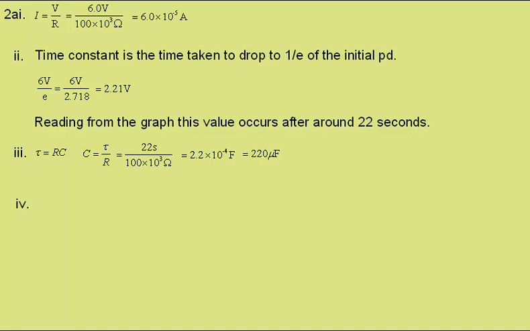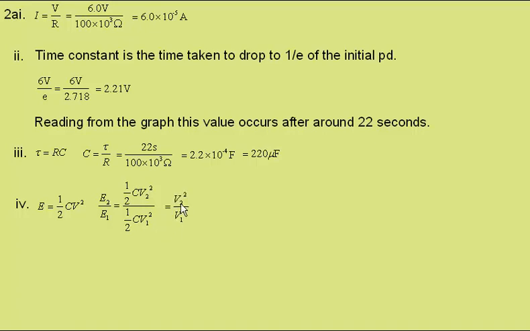In part 4 we need to show that the capacitor loses 90% of its energy after about 25 seconds. Well, the energy on a capacitor is given by half CV squared, and so we can say that the energy in the second case divided by the energy in the first case will be half CV2 squared divided by half CV1 squared.